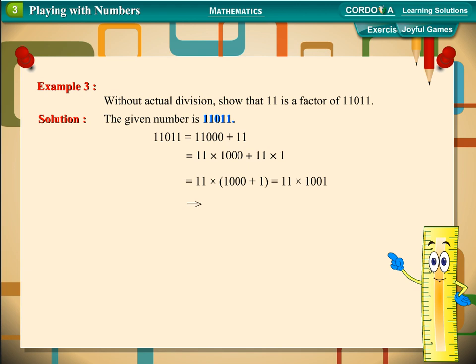This implies 11 is a factor of 11 into 1001. Therefore, 11 is a factor of 11,011.